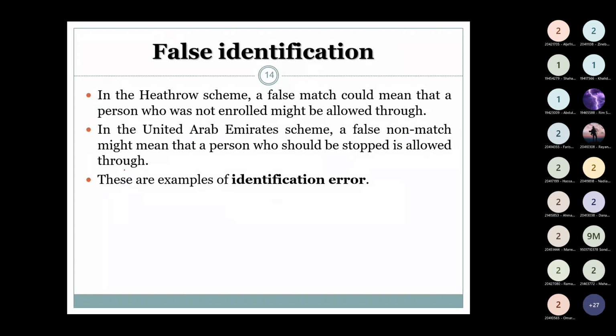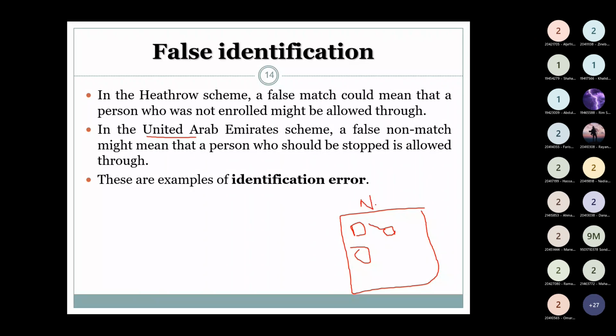But for the United Arab Emirates, a false non-match may mean that this person who should be stopped is allowed through, because in this scheme they have a database of not allowed persons.